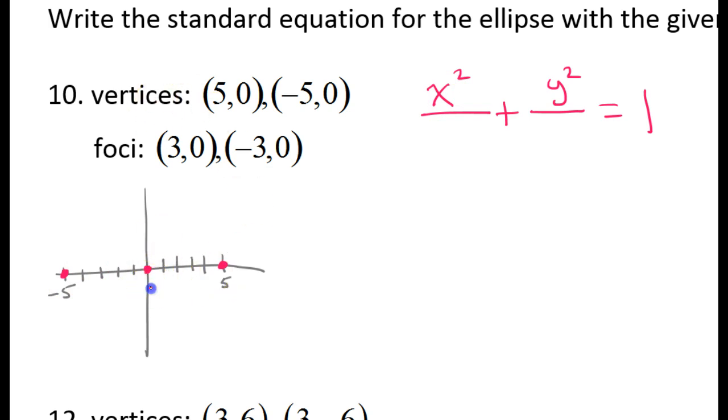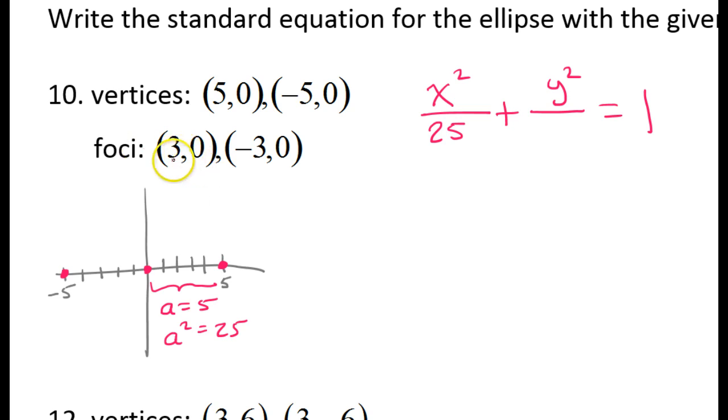The a value is always going to be the distance from the center to a vertex. So a is 5. That means that a squared is 25. Because the a value is horizontal, that's the x direction, I will put the 25 with the x term.